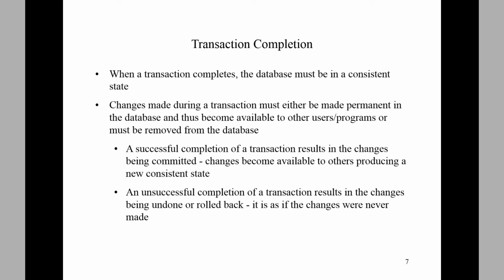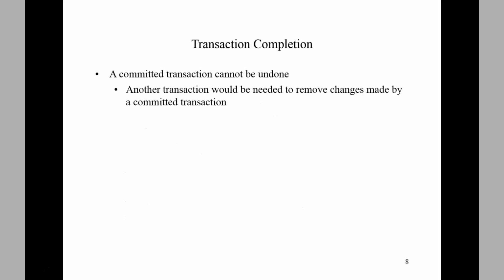Therefore, we want to refer back to the state that existed at the beginning of the transaction and reestablish that. So we will undo or roll back any of the changes made during the transaction. It's as if the changes were never made in the first place.